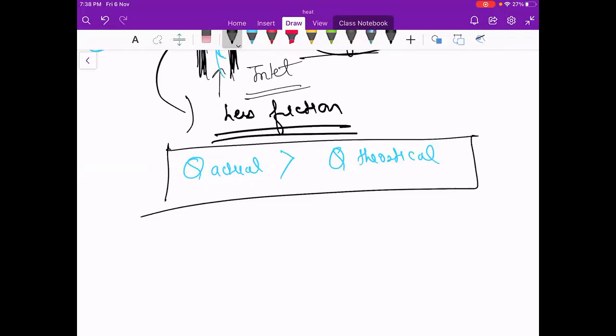So this is the point. Listen once again, I'm giving you an example. You are moving on a bike at a speed of 70 km per hour, and instantly you apply the brake.